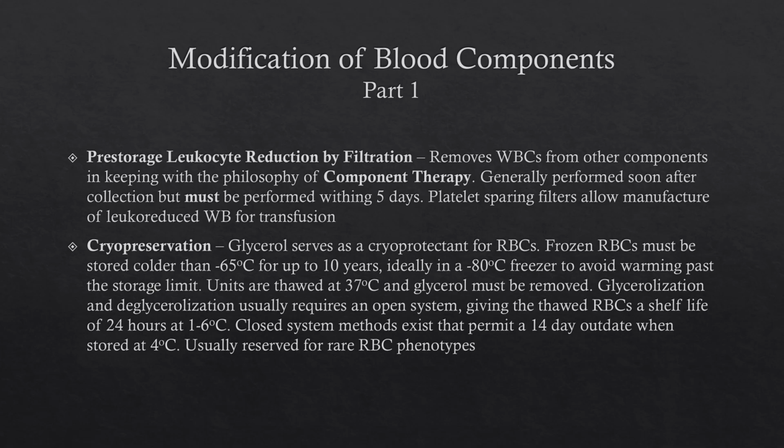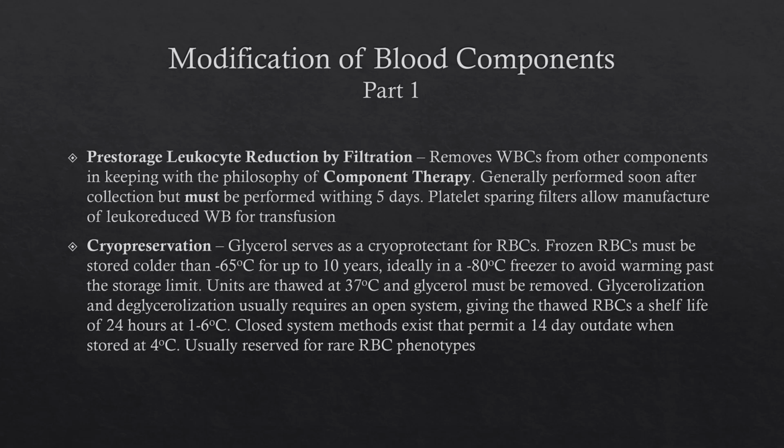We've got to remove the WBCs. There's just not a good therapeutic use for WBCs in these other components. And not only do they not provide an advantage, there can be some disadvantages. Think about febrile non-hemolytic transfusion reactions. We have got to get the WBCs out of there.